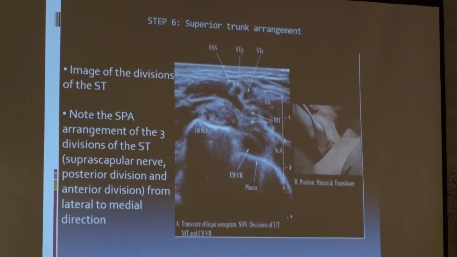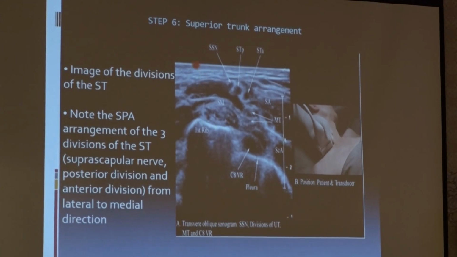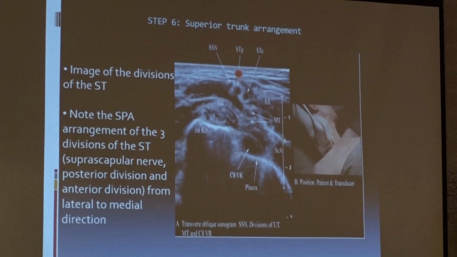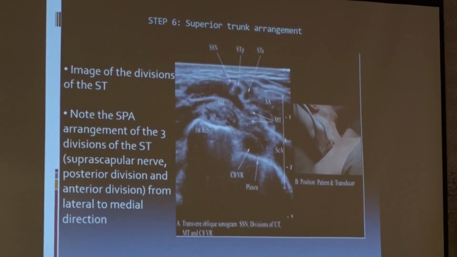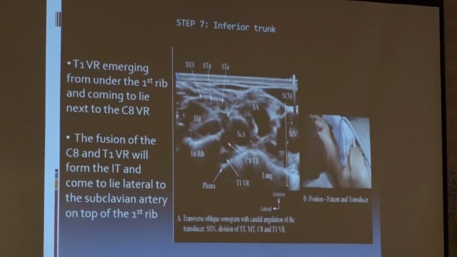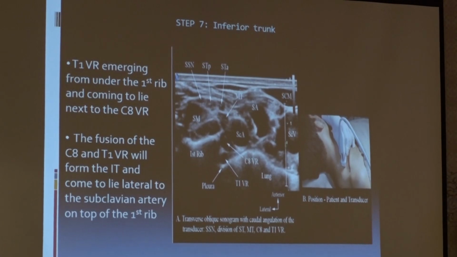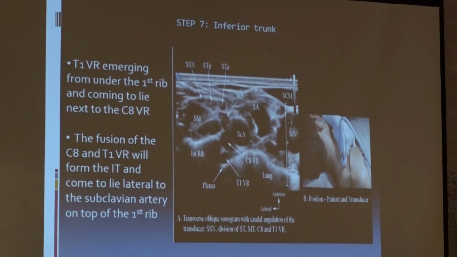Then we need to identify the superior trunk arrangement from lateral to medial. We have to note the SPA arrangement. S stands for suprascapular, P stands for the posterior division of the superior trunk, and A stands for the anterior division of the superior trunk. And the last step, we need to go back to the supraclavicular fossa to identify the inferior trunk.